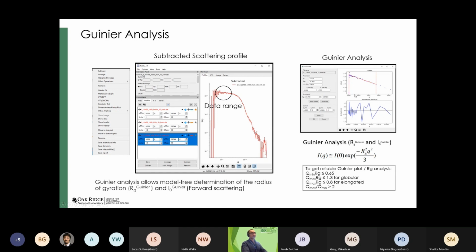The Guinier analysis, like Volker said yesterday, is an approximation of the scattering at low q, the exponential decay that the scattering has at low q. And you are determining the radius of gyration and the I0 of this approximation. So you linearize this equation by applying the logarithm, and you have the logarithm of I(q) versus q squared. How do you analyze this plot?